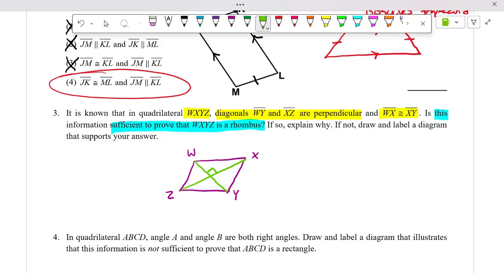And they also said that WX is congruent to XY. So here's my question. Is that enough to say that that's a rhombus? Just given what we know, which is what I marked, is that enough to say that that's a rhombus?